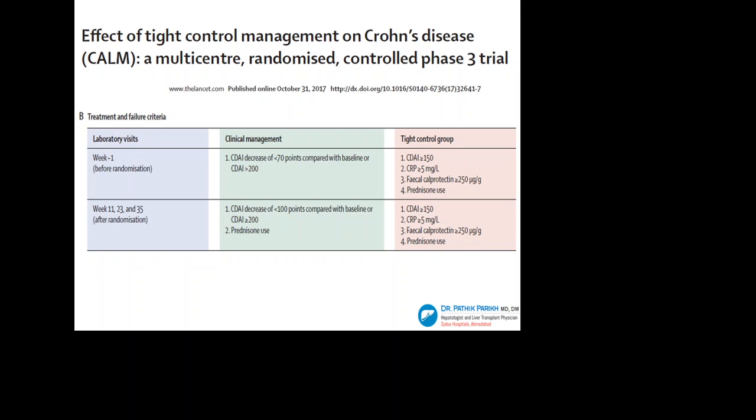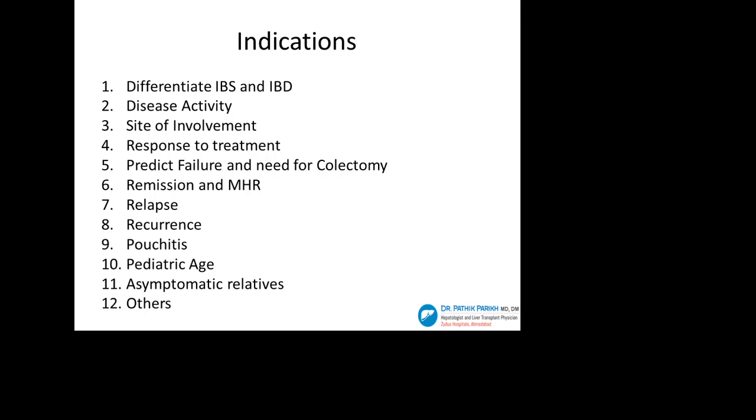Once fecal calprotectin levels at the evaluation at 11 weeks, 23 weeks or 35 weeks after randomization were significantly elevated, then they upgraded the therapy, increasing the duration or the dose of adalimumab. So it can guide response to treatment. It also guides us about the prediction of failure and the need for colectomy. It also predicts remission and mucosal healing rate.